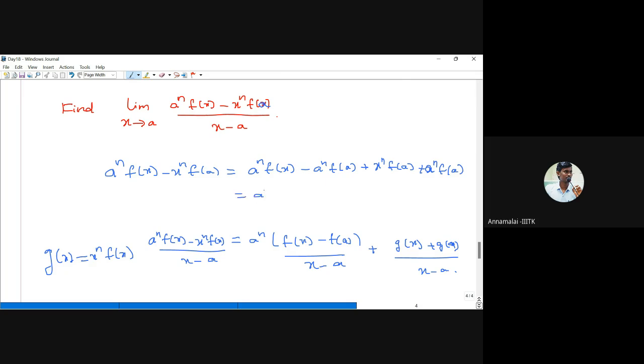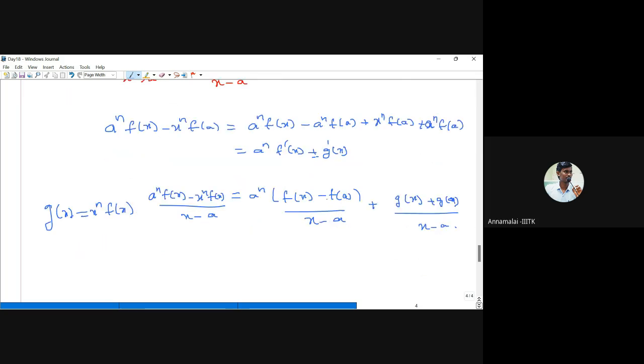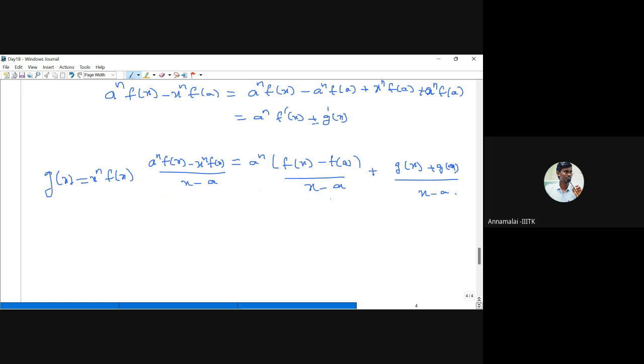We can get a^n into f'(x), and the other thing we will get is the derivative of g(x). Anyway, I will work it out and then we will discuss this problem in the next class. It takes some time, so this is just a small idea: we have to add and subtract some quantity.